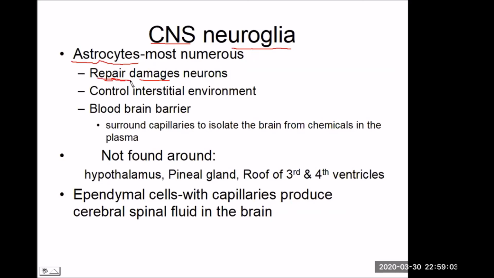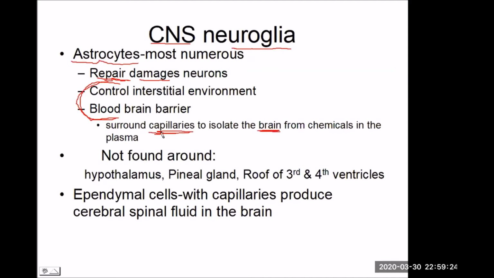The bigger part of the astrocyte's job is right here. We saw in that previous figure, the astrocytes are that intermediate step between the blood supply, the capillaries, and the actual neurons of the brain and spinal cord, the central nervous system.